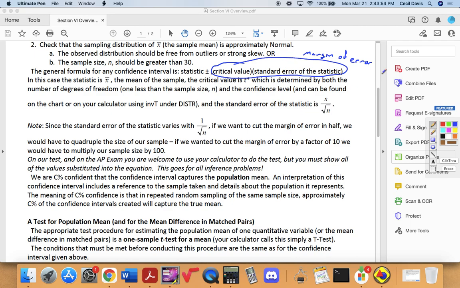So if you want to cut in half your margin of error by changing your sample, you have to make your sample 4 times bigger, because the square root of 4 is 2. If you want to cut your margin of error by a factor of 10, you have to have a sample that is 100 times bigger than the one you currently have. And that's likely to be problematic.